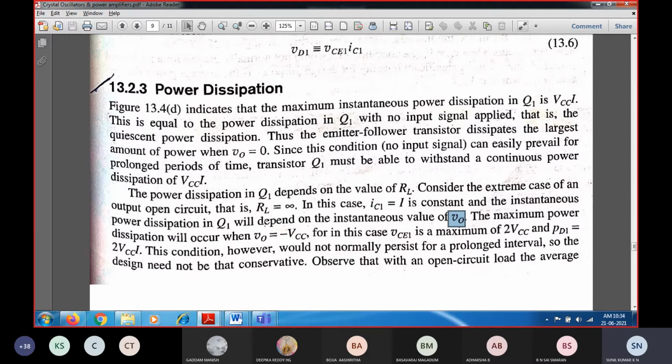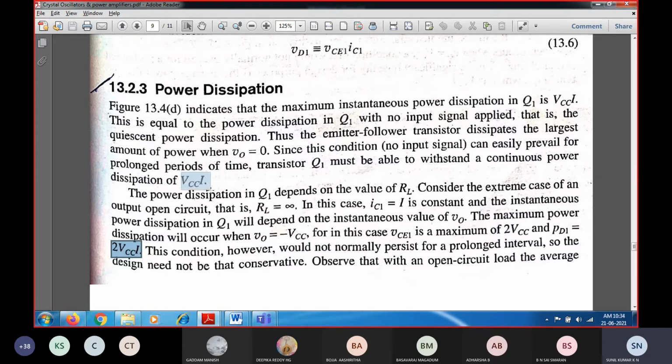So maximum power dissipation will occur when V0 is equal to minus VCC, during the negative extreme case. The maximum power dissipation in the positive case is also VCC into I. Similarly, for the negative power supply equal to minus VCC, VC1 is a maximum of 2 VCC and the power dissipation is 2 times VCC I.